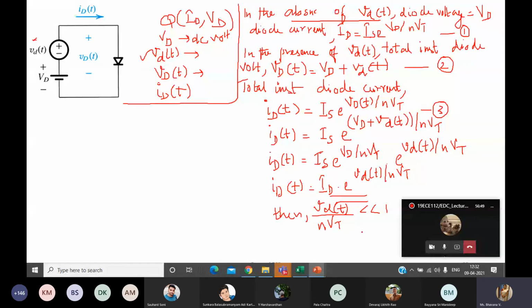Isn't it? Yes or no? So now all of you listen here. In equation number 4, I am going to do some approximation. This is in the form of e power x, right? Yes, ma'am.